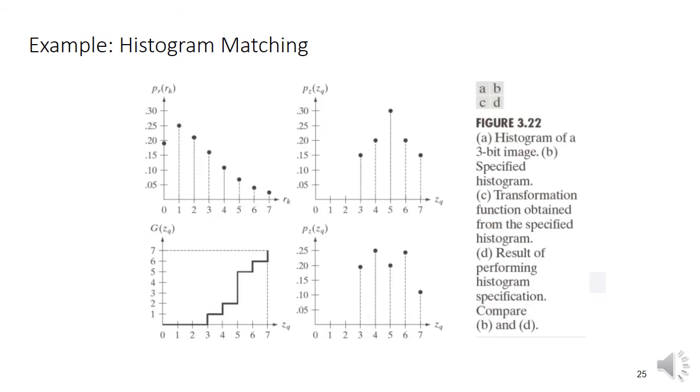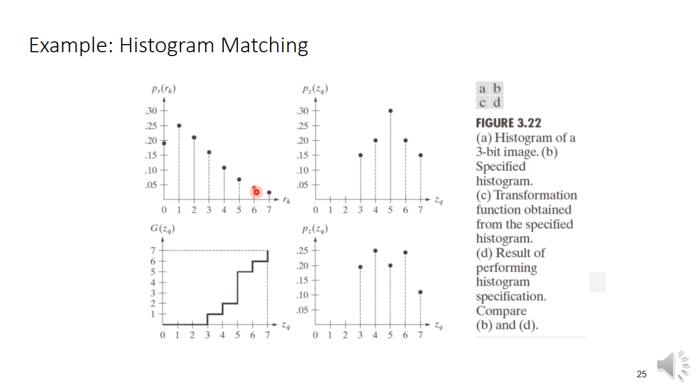So here, in the continuation of that example of histogram matching, we have the histogram of a 3-bit image. This was the original 3-bit image and its histogram.